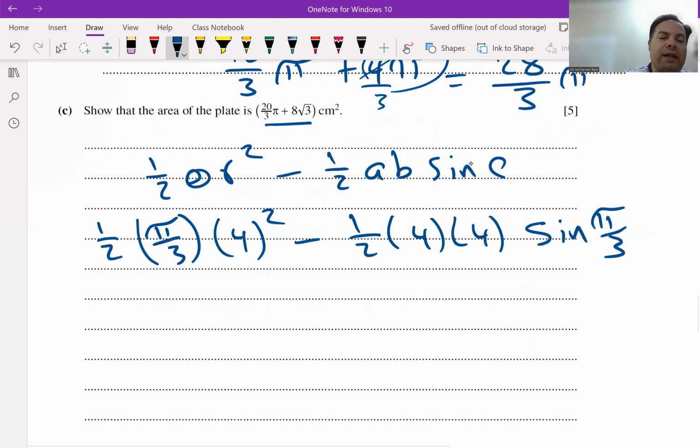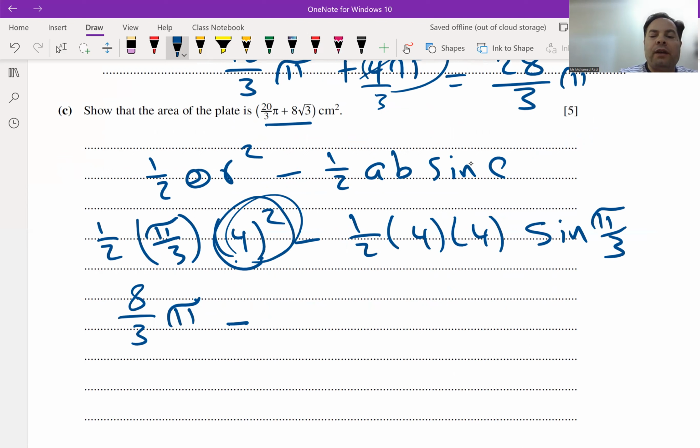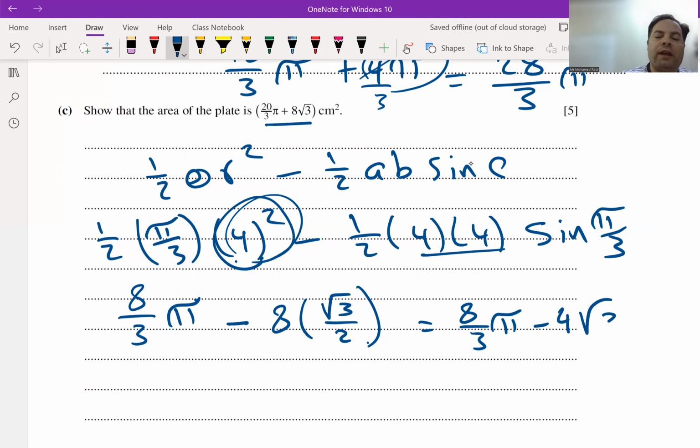Then calculate, this answer will be 4 squared 16. 16 divided by 2 will be 8 over 3 pi. Minus half of 4 times 4, 16, half of 16 is 8. Sine pi over 3 is square root 3 over 2. Simplify, so 8 over 3 pi minus 8 divided by 2 is 4 root 3. This is the area of segment.